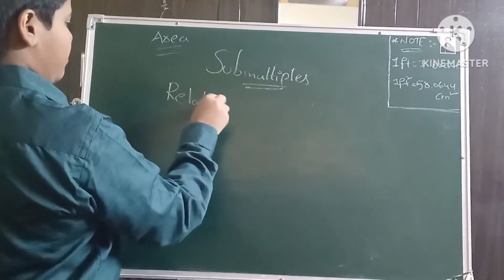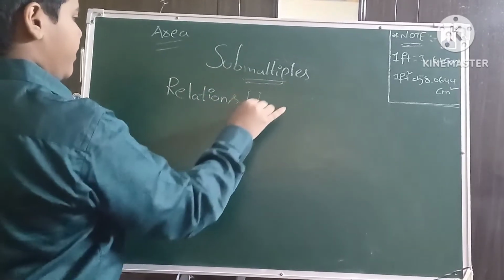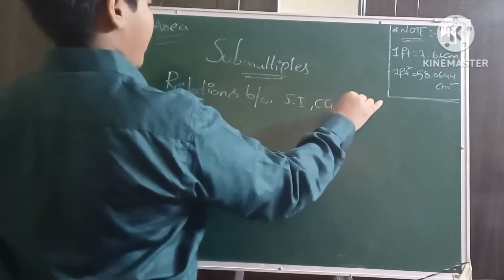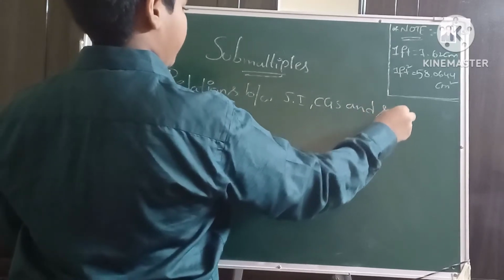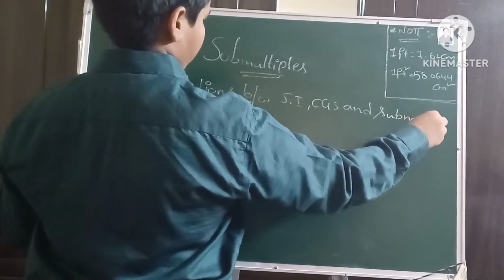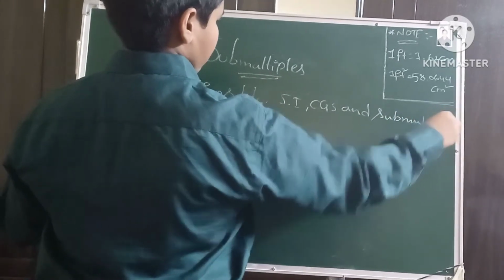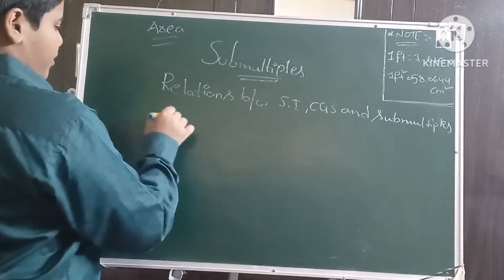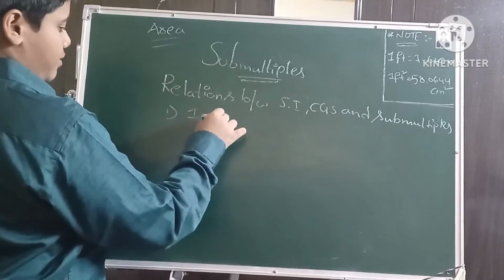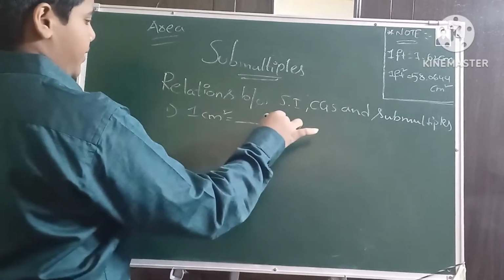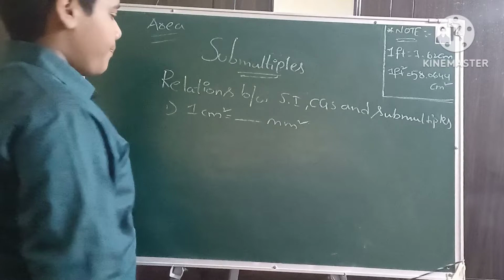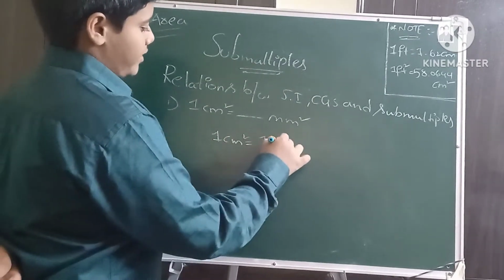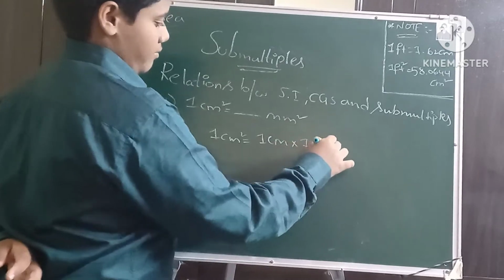Relations between SI, CGS and submultiples. First, 1 centimeter square is equal to dash millimeter square. 1 centimeter square is 1 centimeter into 1 centimeter.